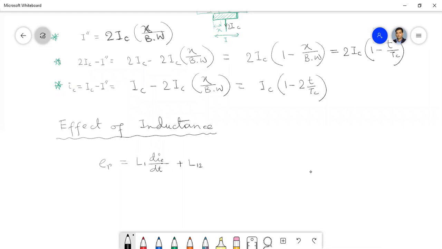That also will come, and we write this as IC2, because this is the current flowing in coil number 2, and this we can take as coil number 1.